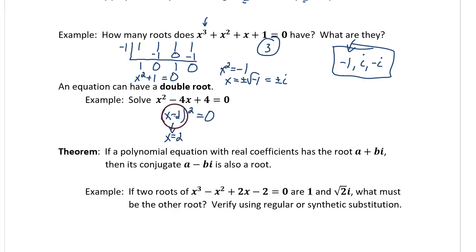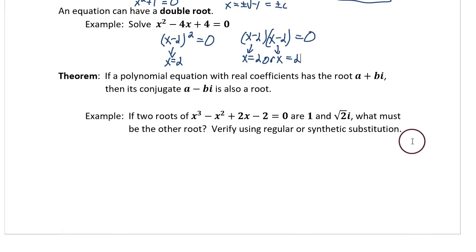But if we expand x minus 2 squared as x minus 2 times x minus 2, now we see why there's a double root. In the first factor, x is equal to 2, and in the second factor, x is also equal to 2. The number 2 is a root in 2 different factors. That's called a double root.